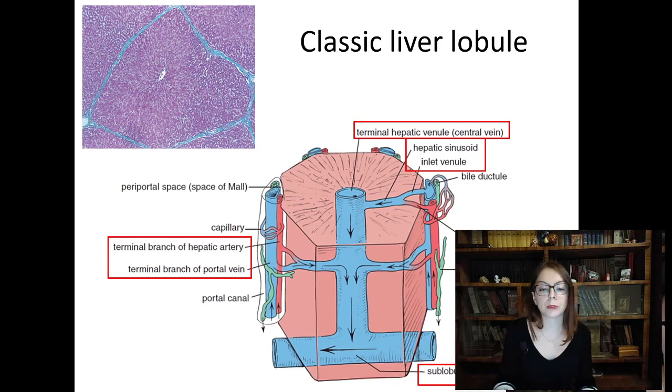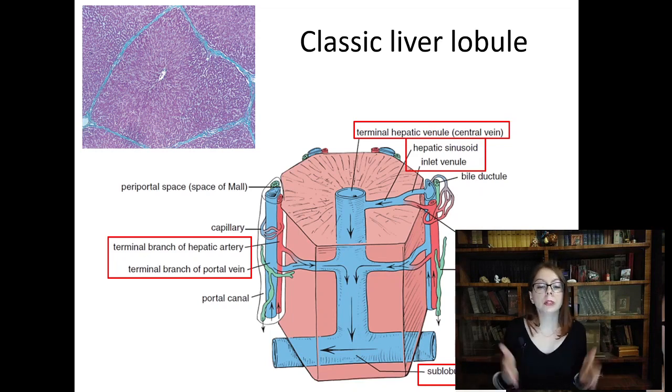As we have already discussed, the liver performs loads of functions, and predominantly all of them are connected with the blood. Then after the sinusoids, there is the central vein, which is located in the center of the classic liver lobule, and after exchange of metabolites, oxygen, and gases, deoxygenated blood with a balanced concentration of different substances enters the central vein, and out of there, through the sublobular vein, it exits the organ with the help of the hepatic vein.